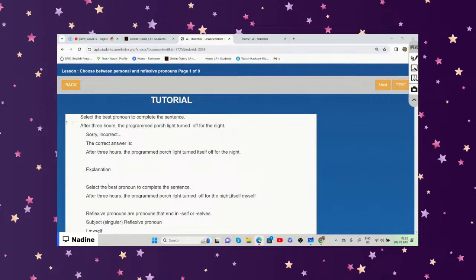So we need to select the best pronoun to complete the sentence. Do we say self, self, or selves?